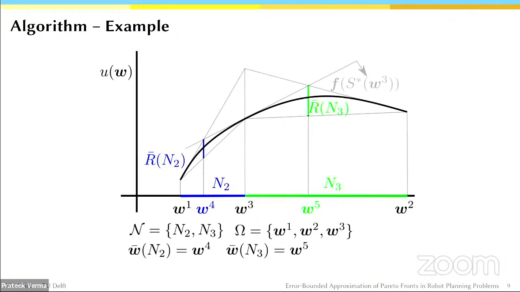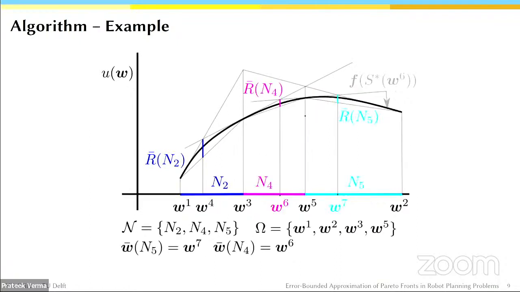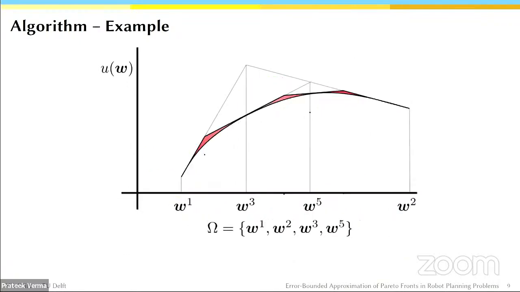Green is larger here, so that's the next sample that we will be adding. And then we could continue from there and split all the next 3 neighborhoods into smaller neighborhoods, or we just stop here. And we are left with this piecewise linear approximation of the original function, and the error is now illustrated in red. That's actually the regret that we will have.